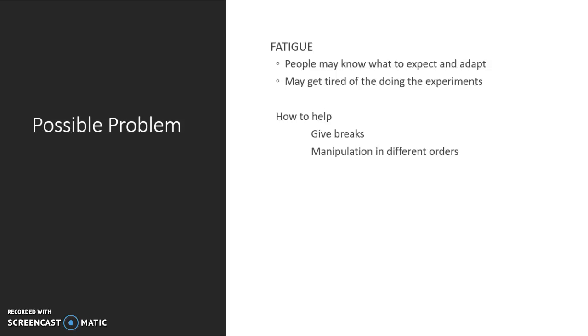Or they may just get tired of doing the experiment. That could result in people not completing the experiment. It can just result in them being tired of it, exhaustion, and not doing as well when the last variable is applied versus when the first one was.